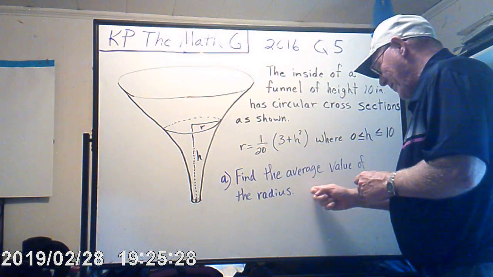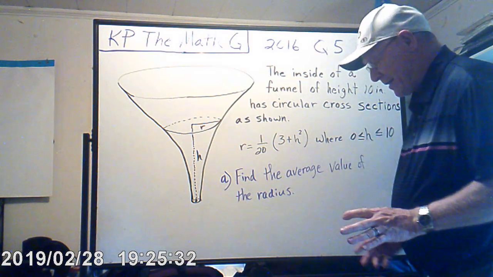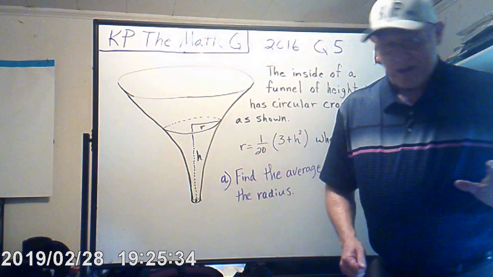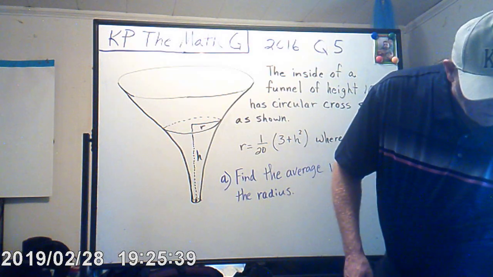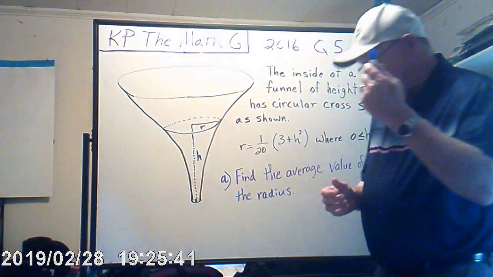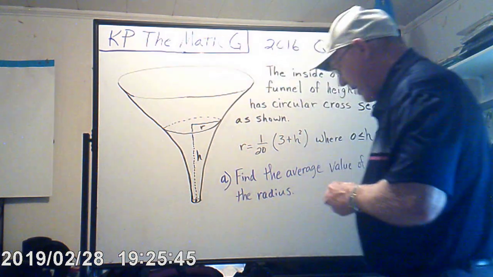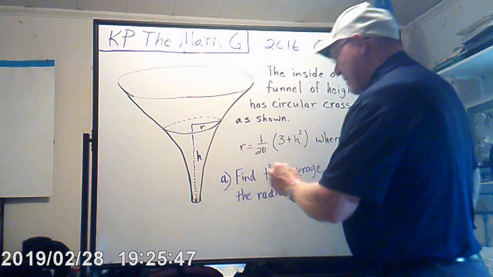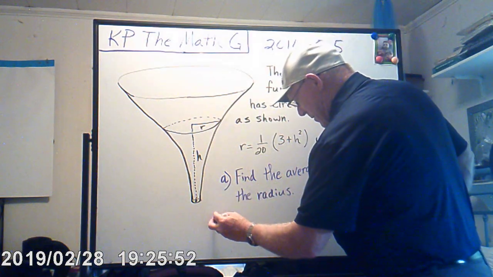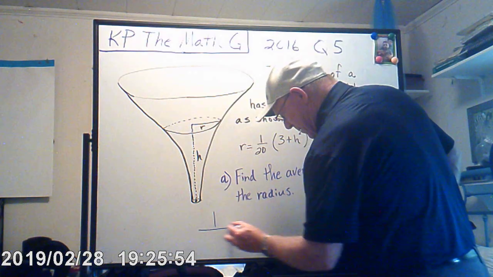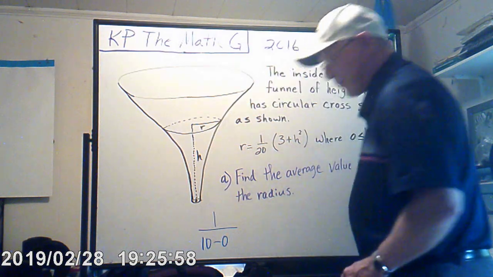Alright, so find the average value of the radius. Now remember, average value, what does it look like? Average value is always going to be, if you're going from 0 to 10, 1 over 10 minus 0.